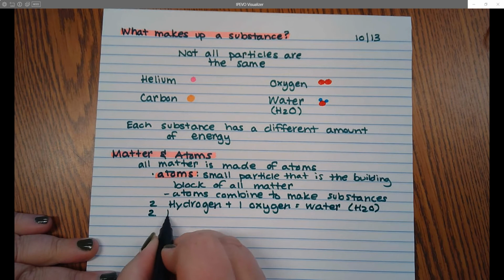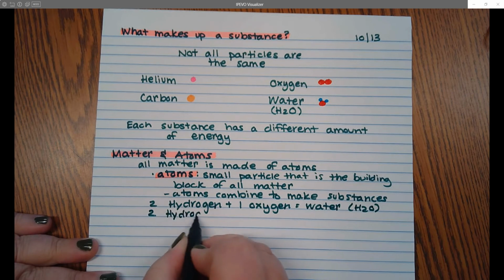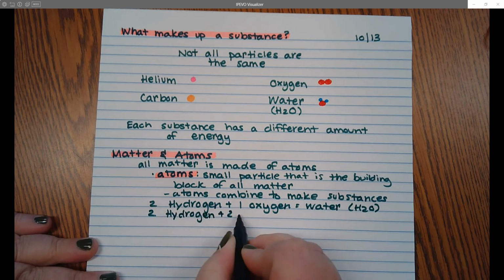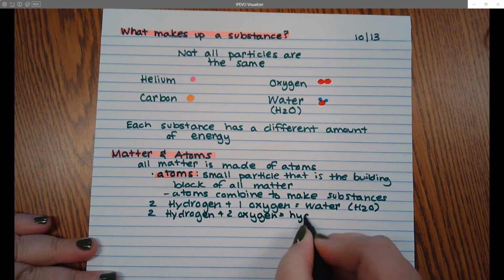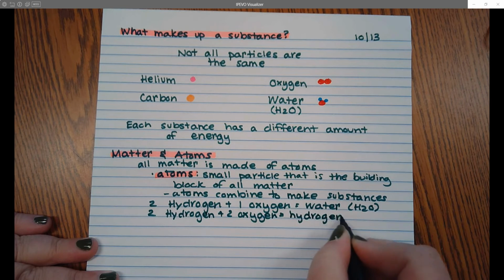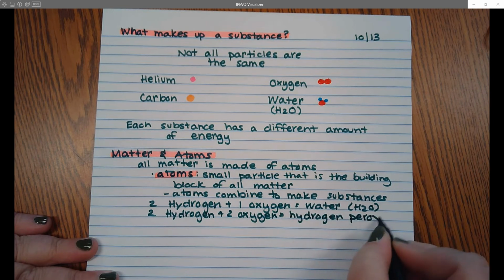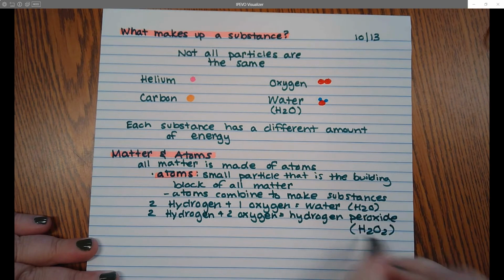But if I have 2 hydrogen and 2 oxygen, this gives me hydrogen peroxide, and the chemical formula for that is H2O2.